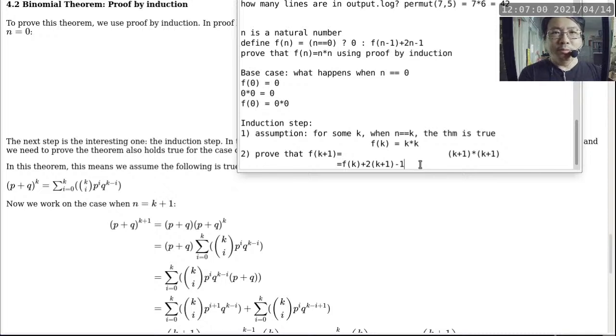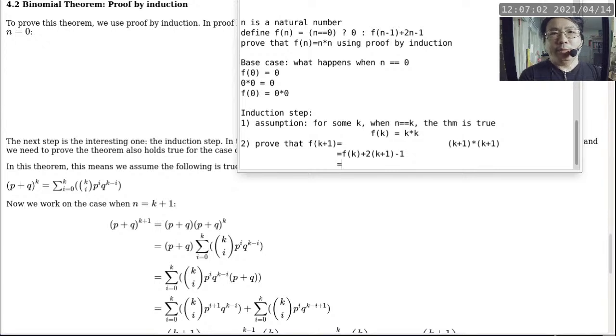Very good, thank you. Now we move on, and we look at this and ask, what are we going to do about this f of k? Well, the answer is nothing, because we have the induction assumption that f of k is k times k already. So now this is the same as k times k plus 2 times k plus 1 minus 1.